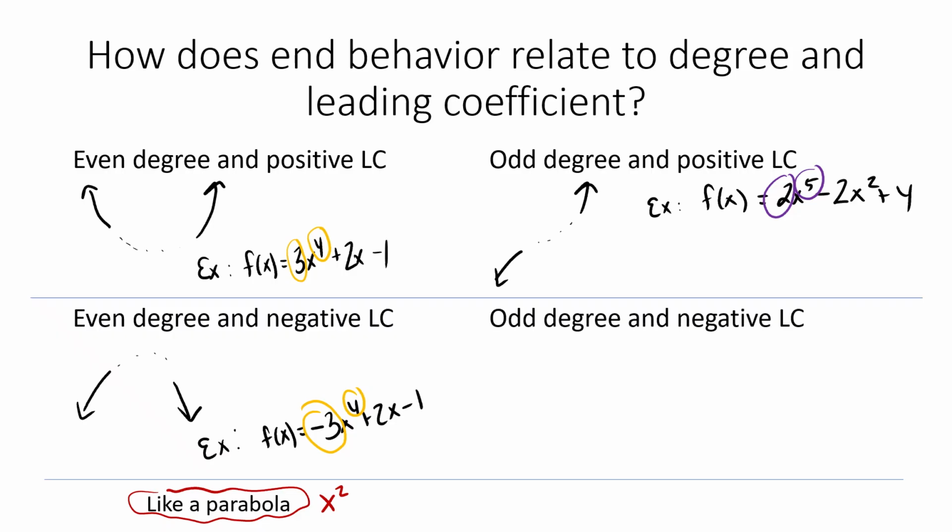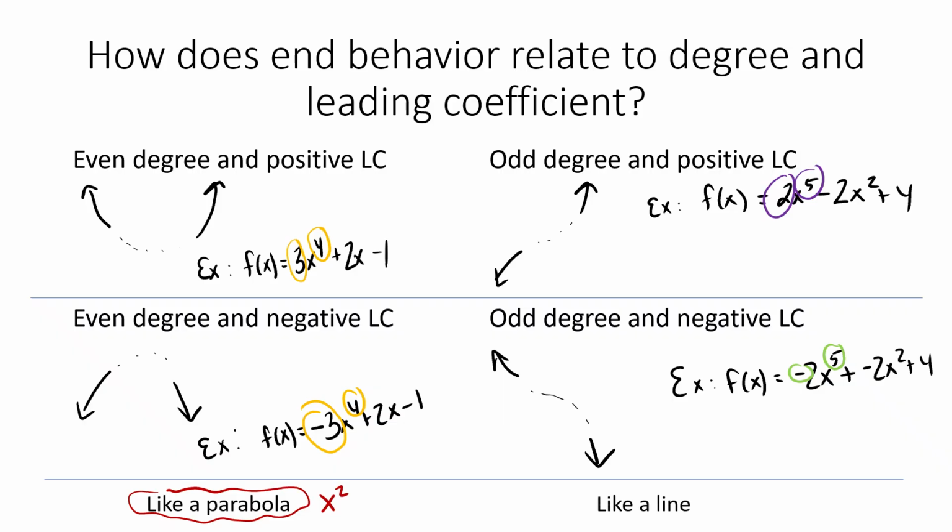And that leaves us with the last one, which is odd degree and negative leading coefficient, and that is going to be this one. And as an example, we might just take the one we had and put that negative out in front, and for some reason I wrote that as plus negative instead of a minus, but just roll with it. And we've got the odd degree and now the negative leading coefficient.